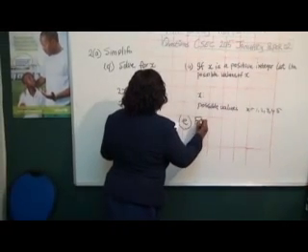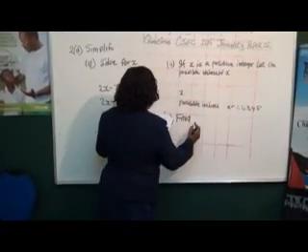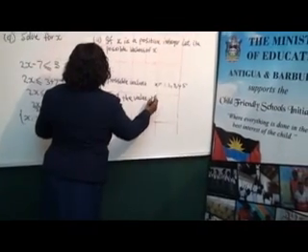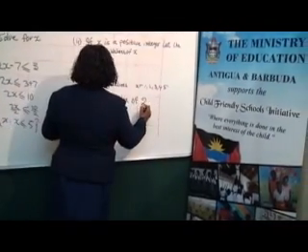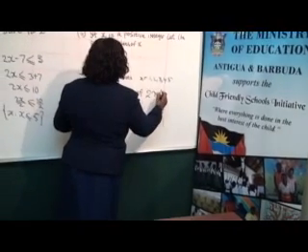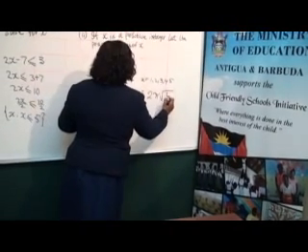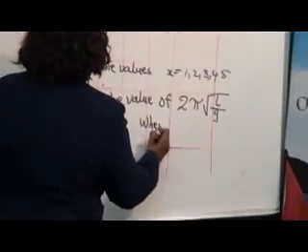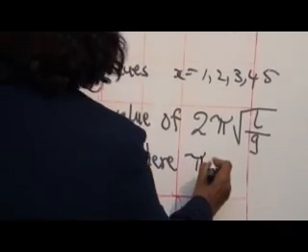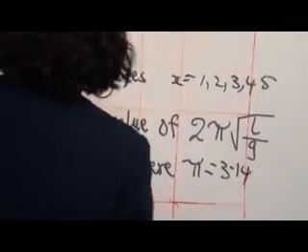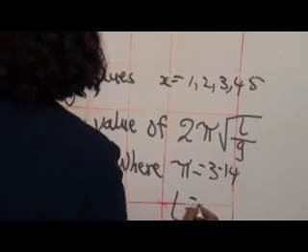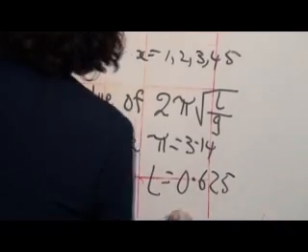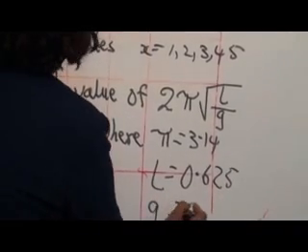It says, find the value of 2 pi times the square root of L over G, where pi is equal to 3.14, L is equal to 0.625, and G is equal to 10.